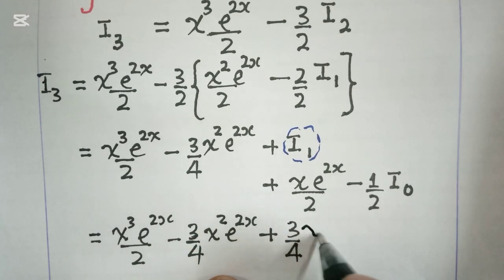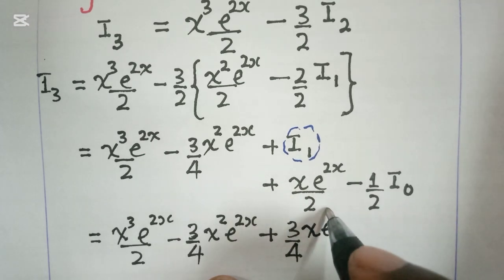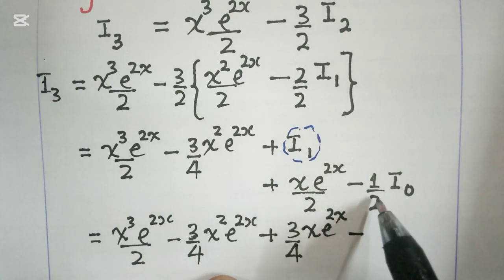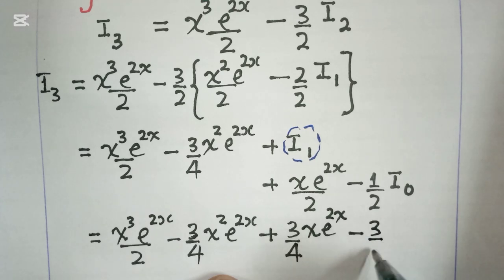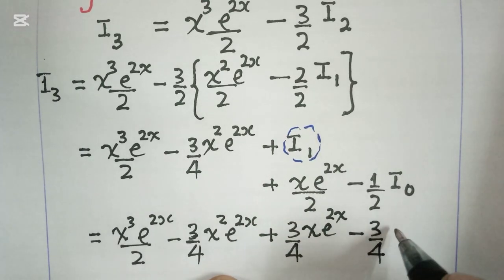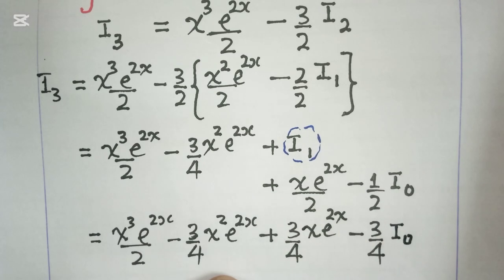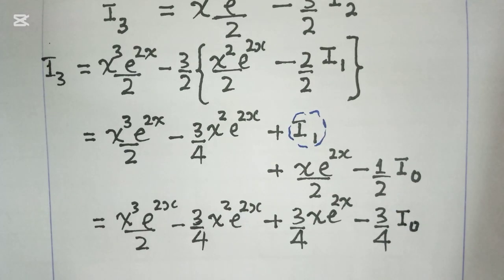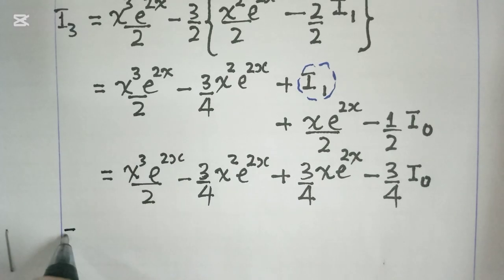Then I put x e raised to 2x minus, I continue to multiply. This is going to be 3 over 4. Again, and then we put I0 like that. So, guys, we are almost completing. So, guys, I come and write the equation down here now.